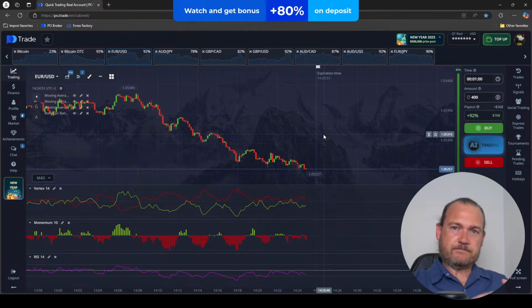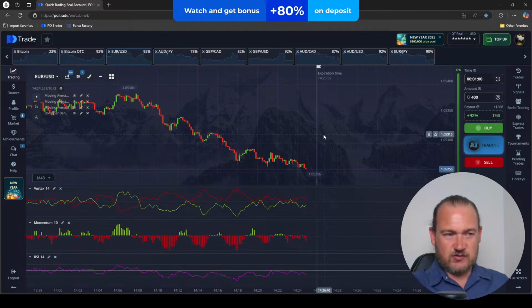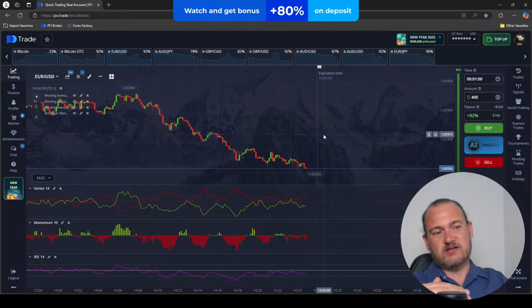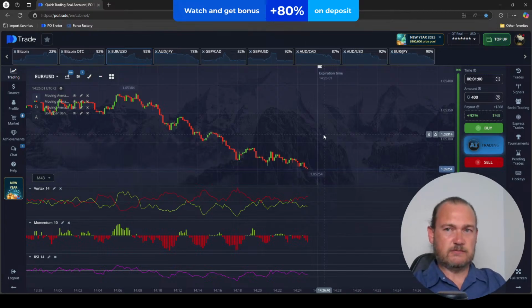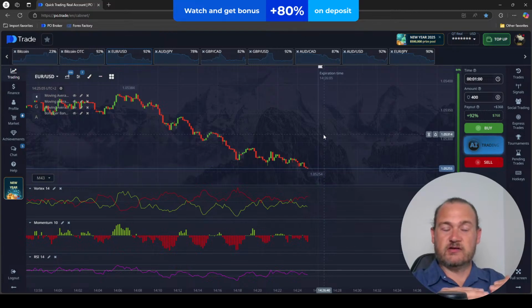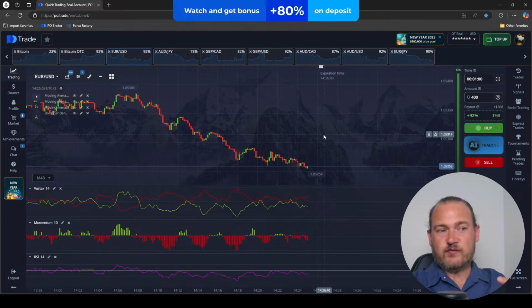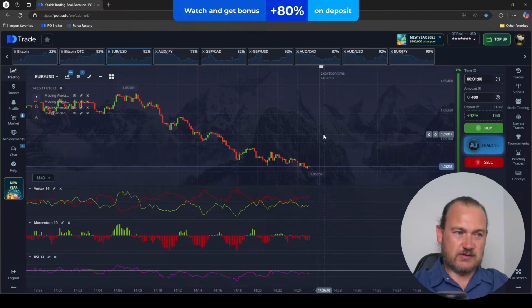So back to just recap quickly, the Vortex is showing us the trend. So it's showing us the direction where price is going to be going, or probably be going. You can't just simply play the crosses because you will get a lot of false crosses.